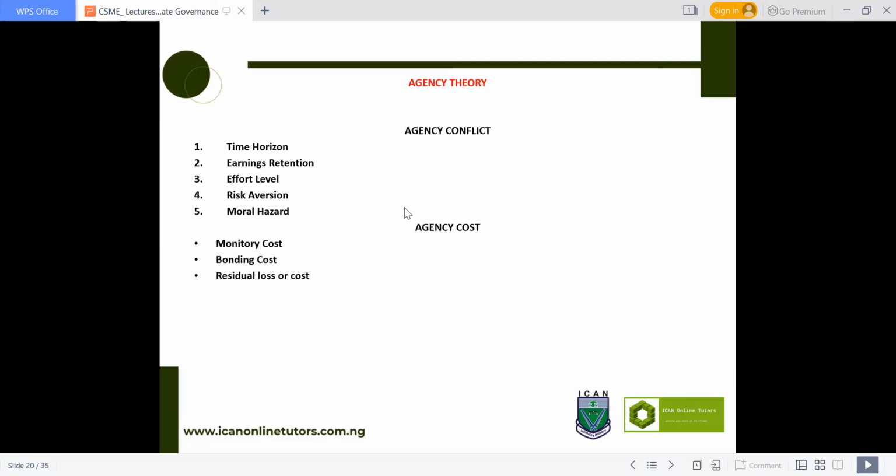Risk aversion: the shareholder is a risk taker. But the director would not like to take risks, because if you take a risk and it fails, who are we going to blame? The director. Because their earnings are attached to what they are bringing into the organization.